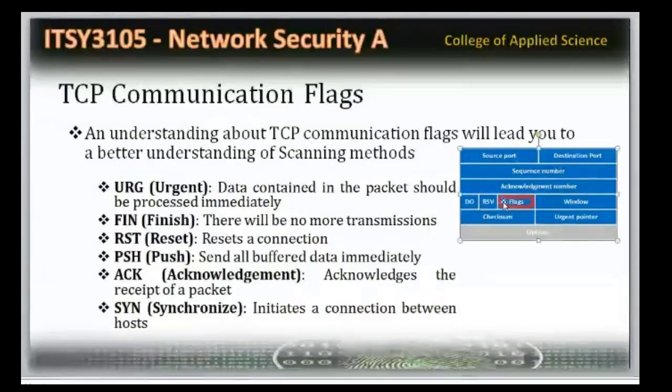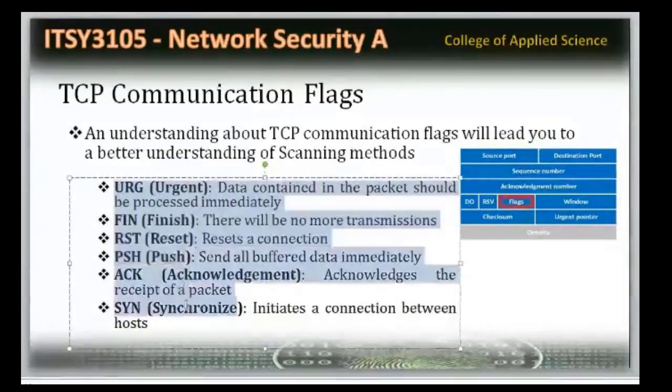Now I'm going to the flags. What are the different types of flags available? The flag field is going to be 8 bits. Flags mean different conditions. Now you can see these are all the different types of flags.